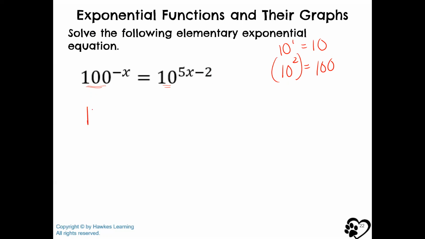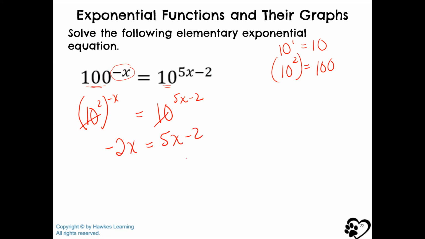But now I have to remember that 100 is being raised to the -x power. And then I could bring this down, 5x minus 2. And so now that my bases match, I get to drop them.